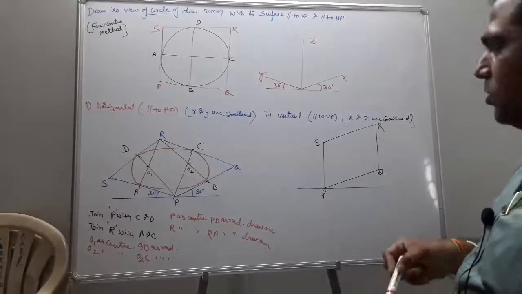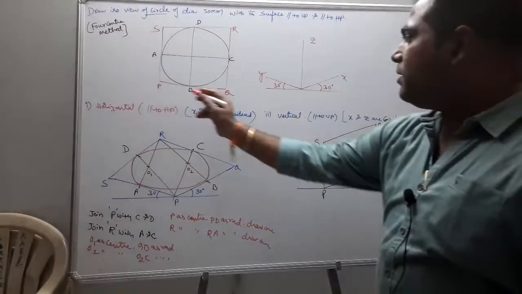B is going to be in between P and Q. So P as center, PB as radius, you will obtain the point B.